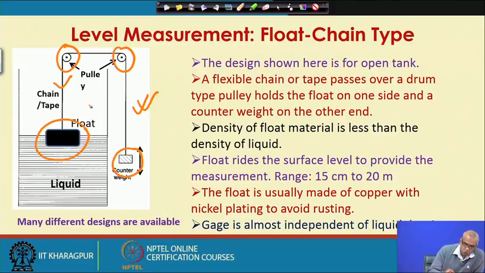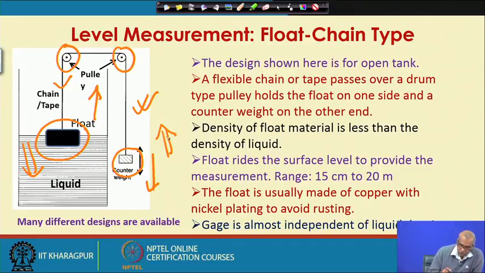So, as the float goes up, the counterweight will come down. As the float comes down, the counterweight will go up.